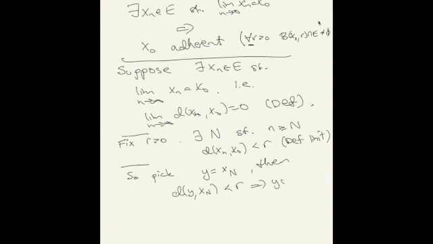Then the distance from y to x0 is less than r. So by definition of the ball, y is inside this ball of radius r, and y, which is equal to xN, is also in E. So now it's in both of these sets.